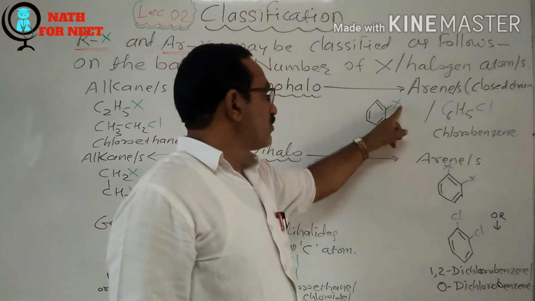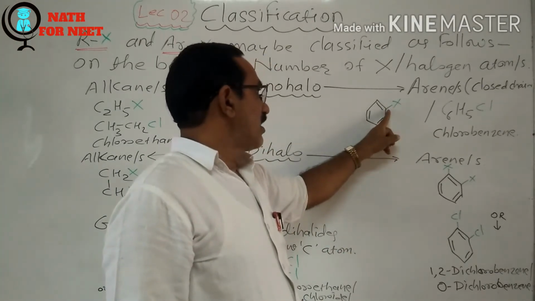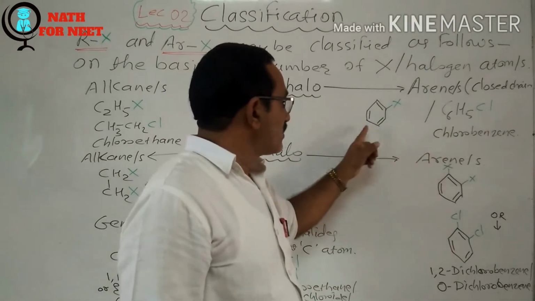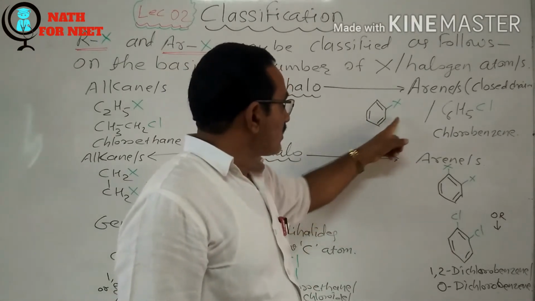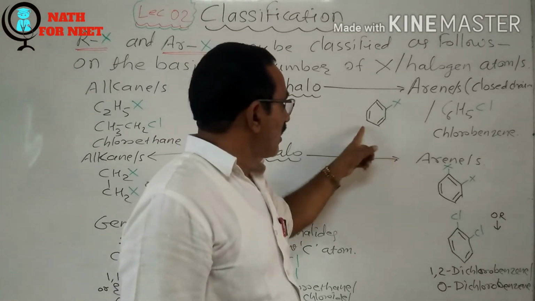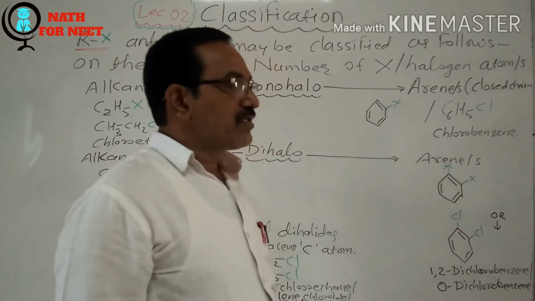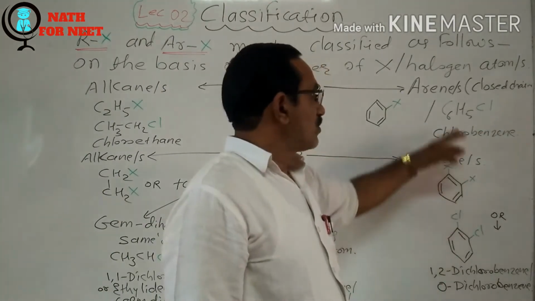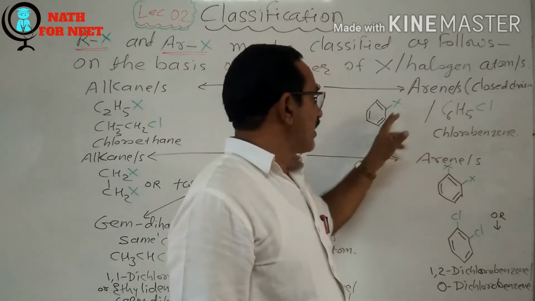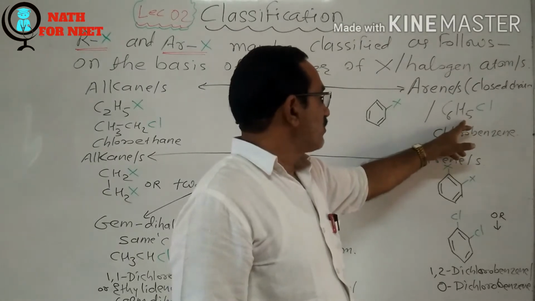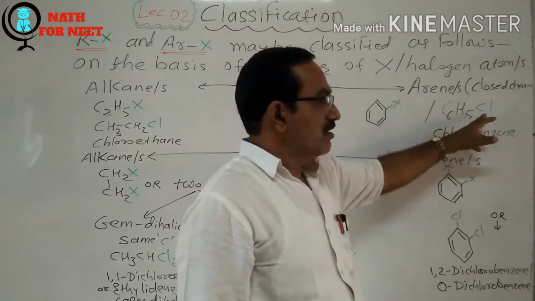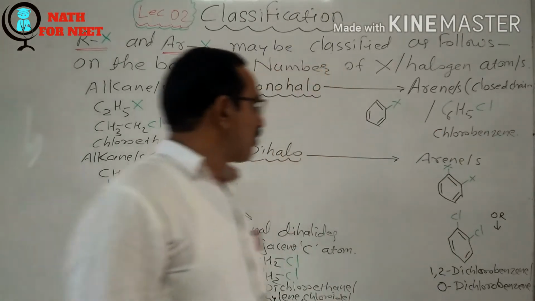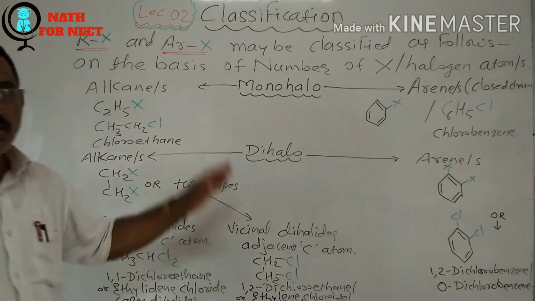Here the halogen is directly attached to the ring, and the specific example is chlorobenzene. From this benzene ring, one hydrogen atom is replaced by the halogen chlorine, and hence this is chlorobenzene.